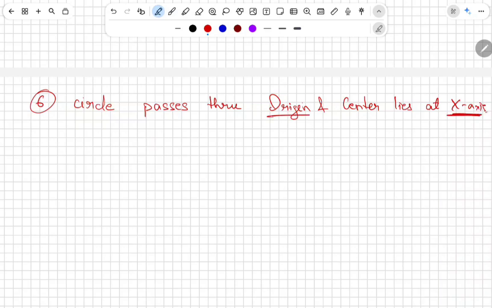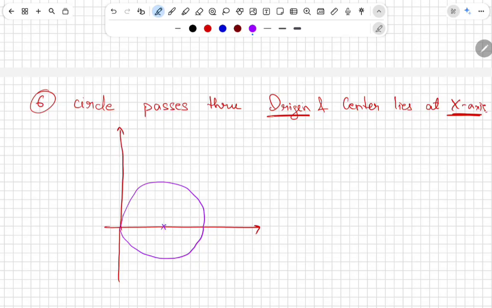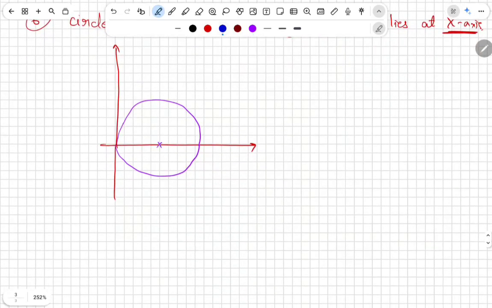Center is on the x-axis, circle is passing through origin. This will be my y-axis, this will be my x-axis. Now, the circle is passing through origin and the center is on the x-axis. Let's just assume this coordinate will be h comma 0. Y coordinate is going to be 0 because it is lying on the x-axis. Now, the coordinates of the center are h comma 0.